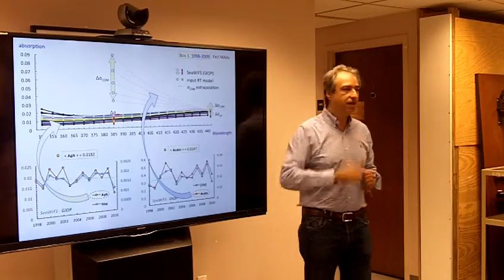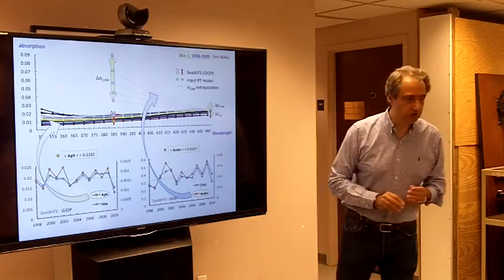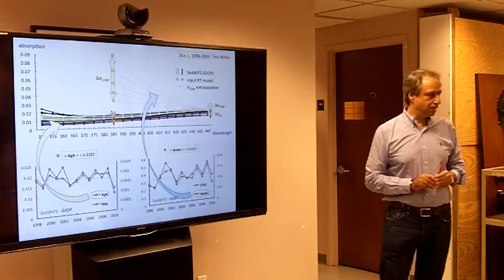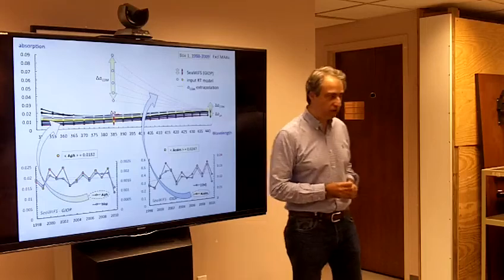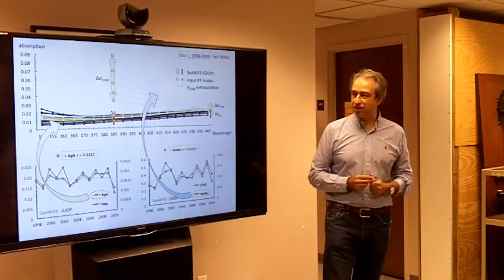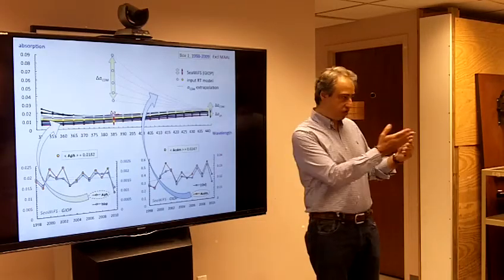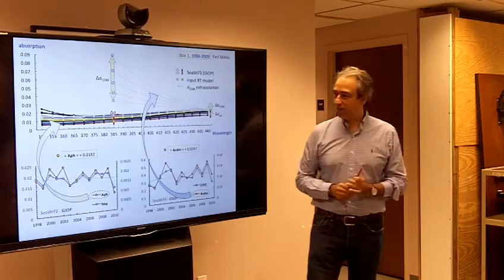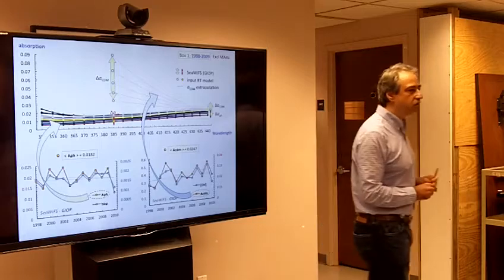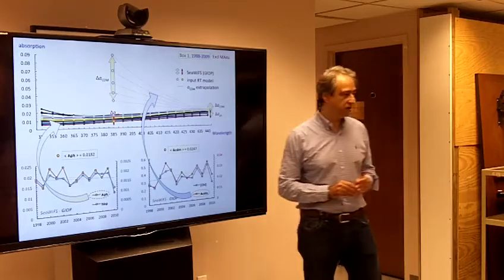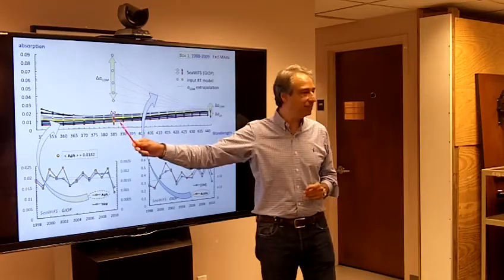Now, the second answer that I want to give you was one of the comments I got at the Ocean Optics meeting. There was something completely new that I learned. They said, just as you said, that the absorption by phytoplankton can also vary a lot in the UV, much more than is indicated here.